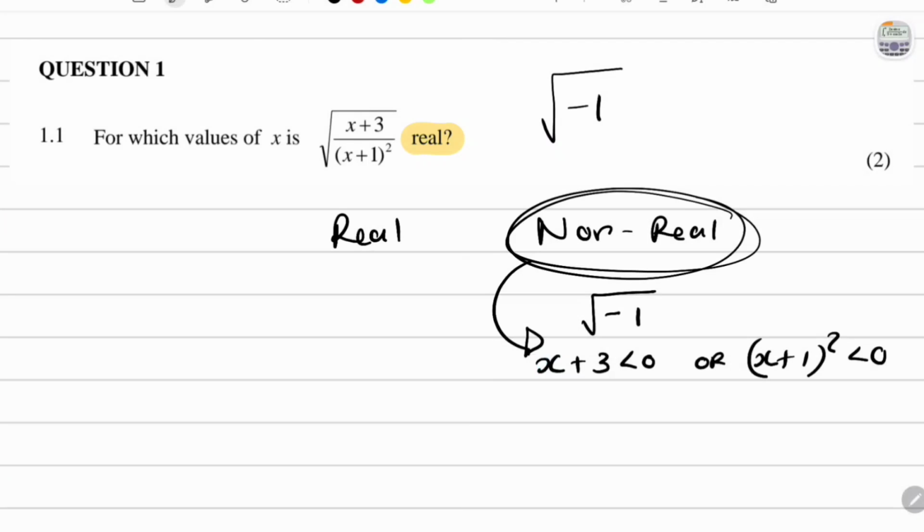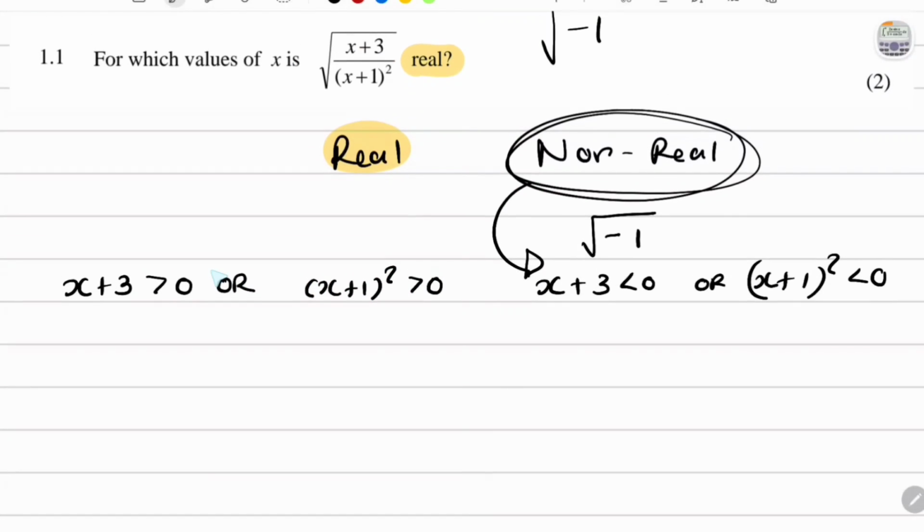Now remember, that is what's going to make this non-real, but we need to show the values of x for which it's going to be real. So for it to be real, it just has to be the opposite of this. So the numerator, x plus 3, would have to be greater than 0, and the denominator, x plus 1 all squared, would have to be greater than 0.